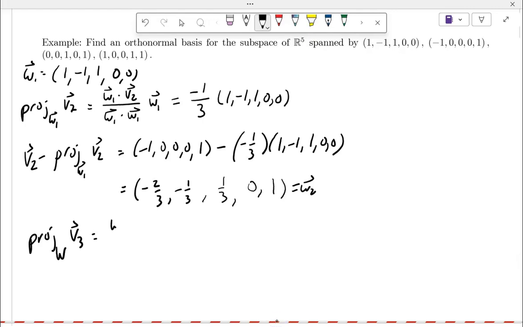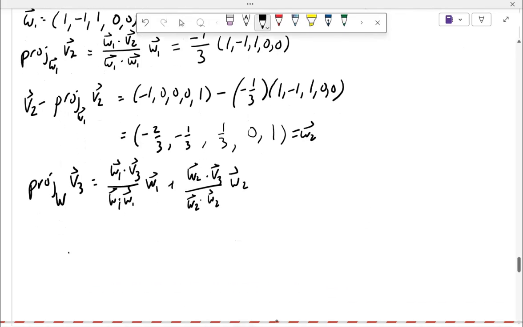So you would do your W1 dotted with V3 over W1 dotted with itself, minus W2 dotted with V3 over W2 dotted with itself. Is that your next vector? No, what do you have to do to find your next vector? Good, you subtract them. V3 minus the projection, good.